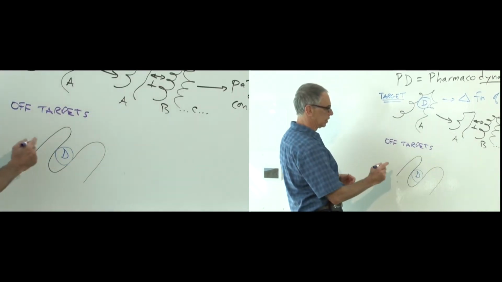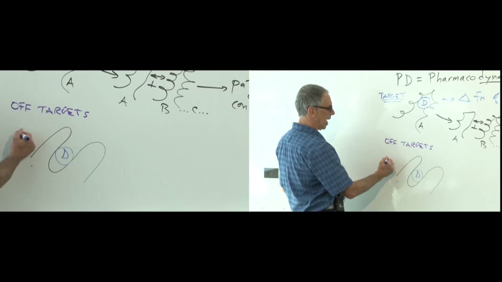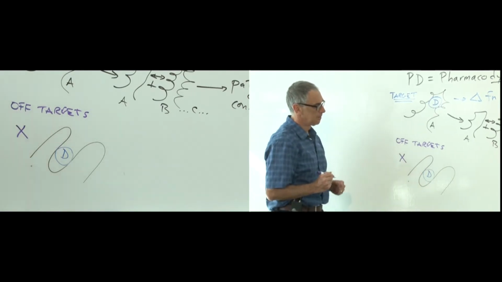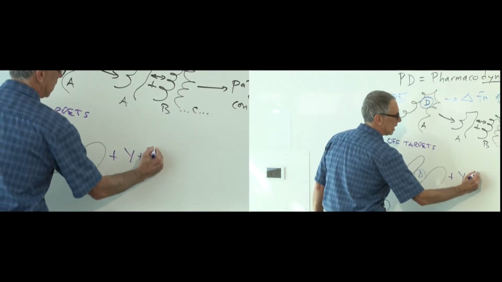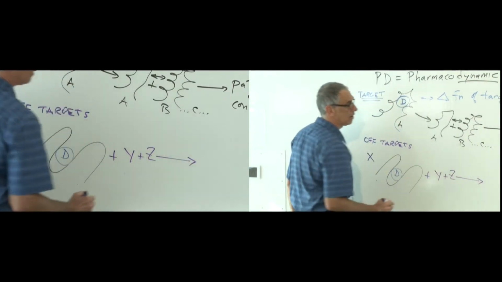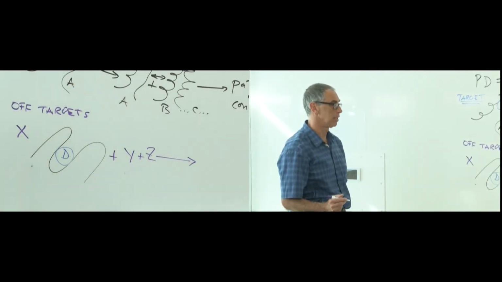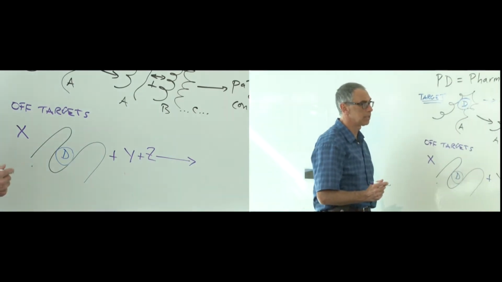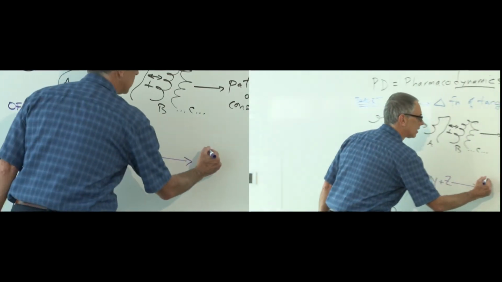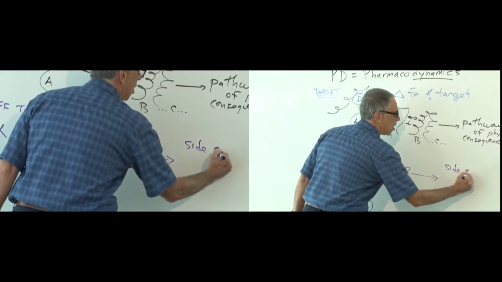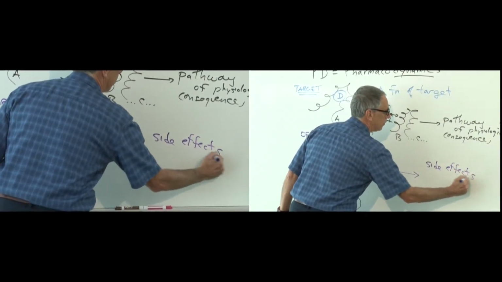So let's call this off-target, let's call it X. X might interact with Y and Z and have another set of physiological consequences. And these consequences may be not helping the patient. They may be side effects, or they may be adverse effects.